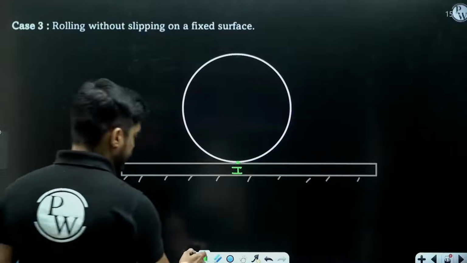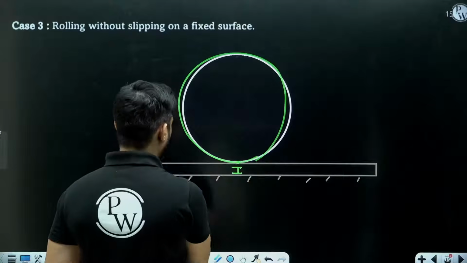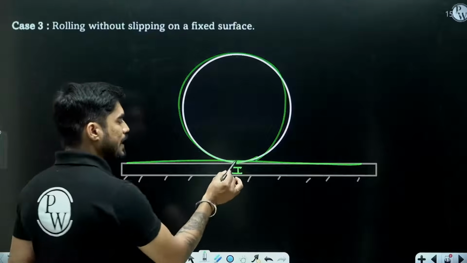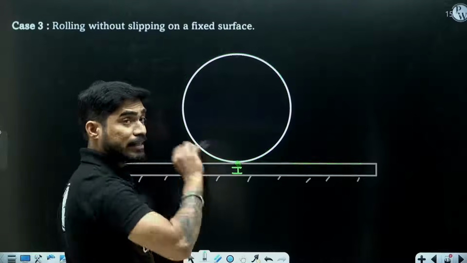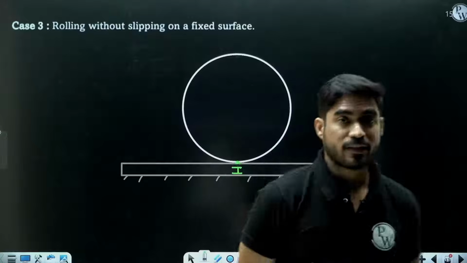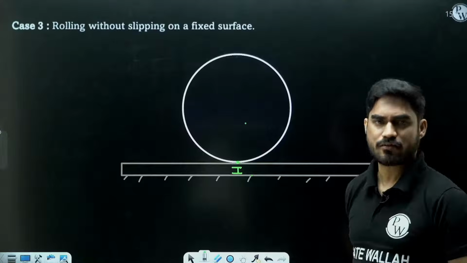Why? Understand. See, when the wheel is rolling without slipping on a fixed surface, then at the point of contact, relative velocity must be zero. Relative velocity means what? The difference of velocity of the wheel and this fixed surface.